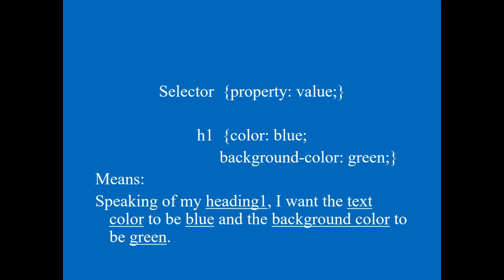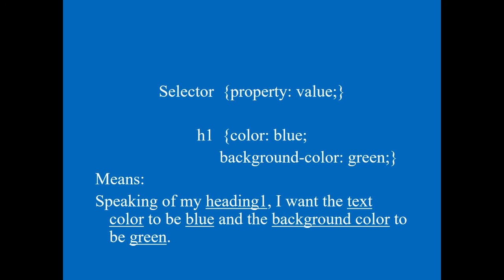So color colon blue, and I am adding one more property value for h1, background hyphen color. This is the property name, background hyphen color colon green, or whatever name you are writing; you can write the hexadecimal value also, then the semicolon. If you want to add one more thing, again we write property colon value semicolon.